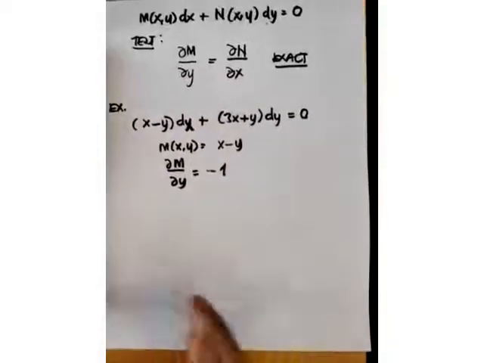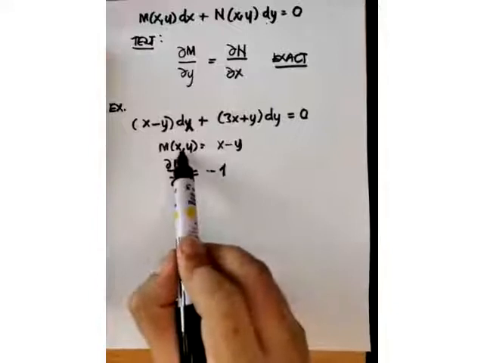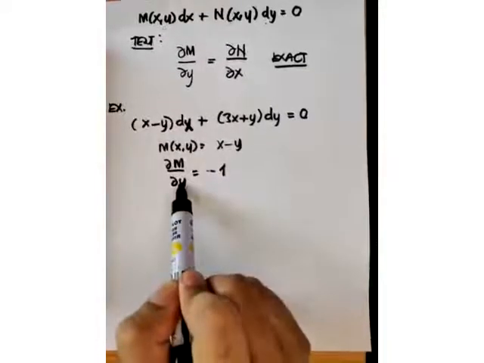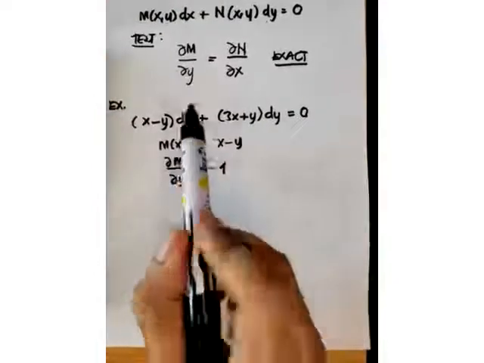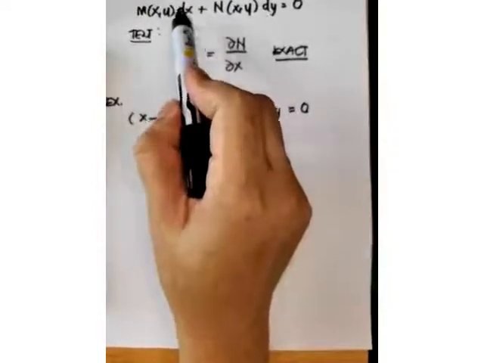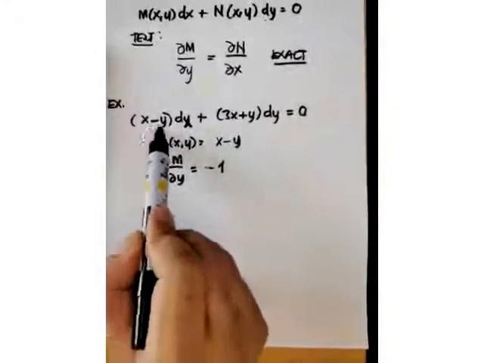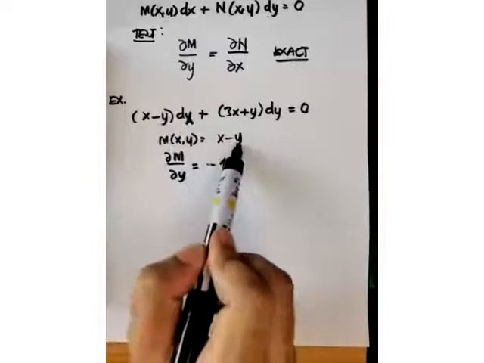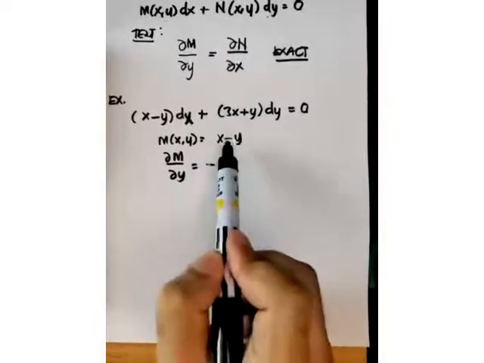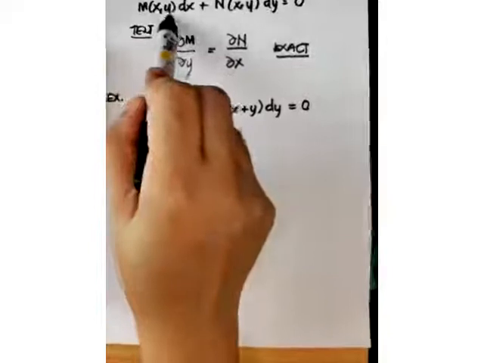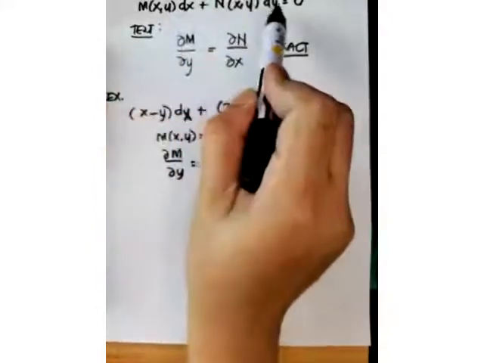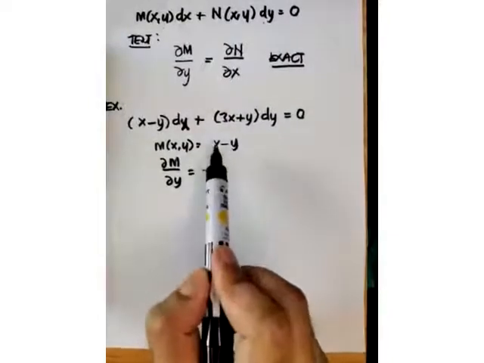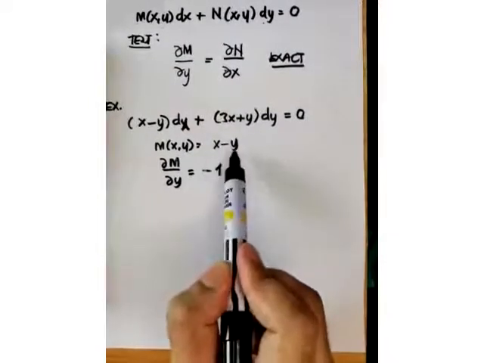Let me redo this. We take the partial derivative of M with respect to y. So what is the value of M? Based on the standard form, M is x minus y. Right? So we derive this with respect to y, since it goes with dx, we derive it with respect to the opposite variable. That means x will act as a constant.